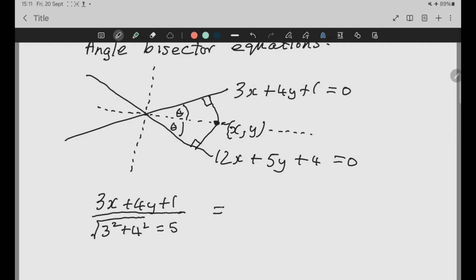And that's got to be equal to the distance of the point from the other line.